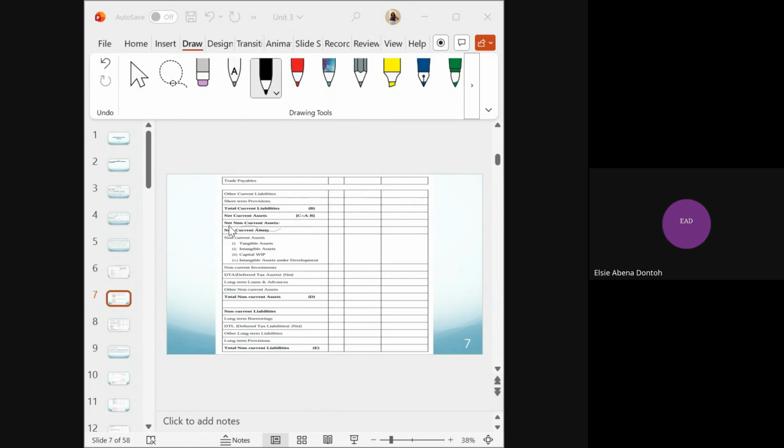So that gives us the net current assets. Then for the net non-current assets, we have the summation of non-current assets, which is made up of tangible assets, intangible assets, capital work in progress, intangible assets under development, non-current investments, deferred tax assets, long-term loans and advances, and other non-current assets.